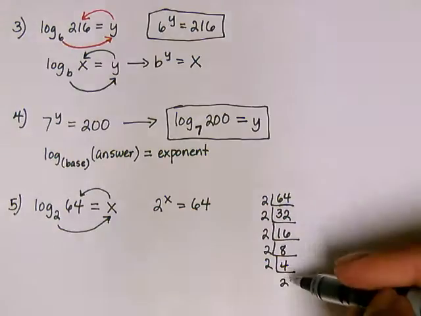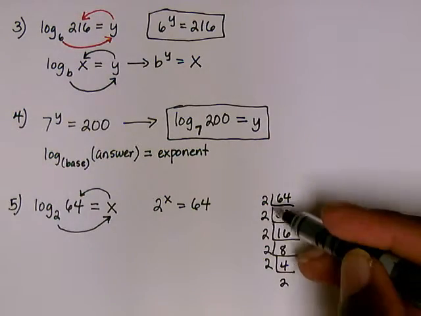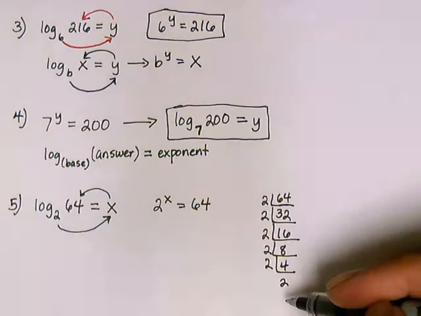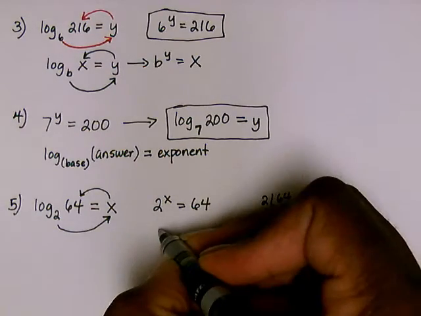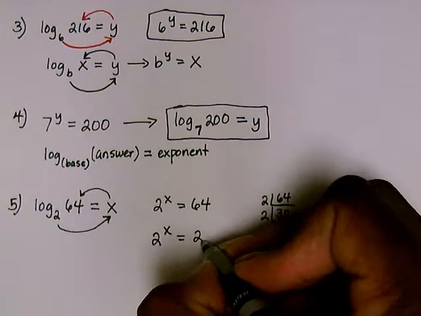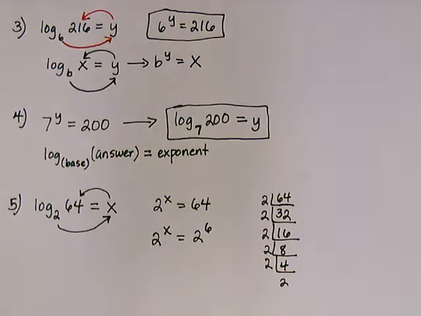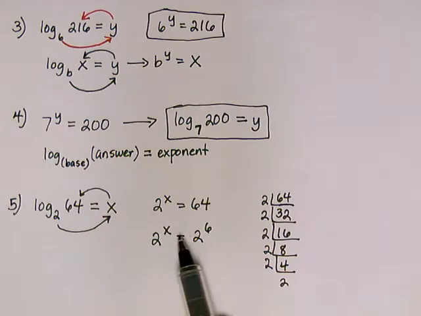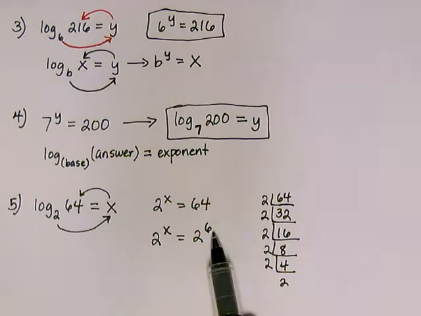So as you can see here, 2 is used as a factor 6 times. So when I rewrite 2 to the x, 64 would be 2 to the 6, because 2 is used as a factor 6 times. Now, if these bases are the same, then I can set these exponents equal to each other.